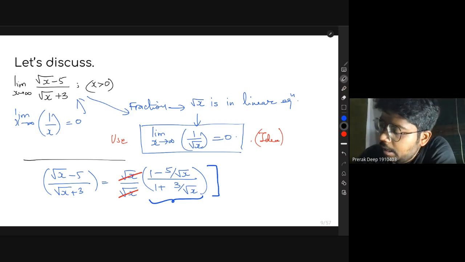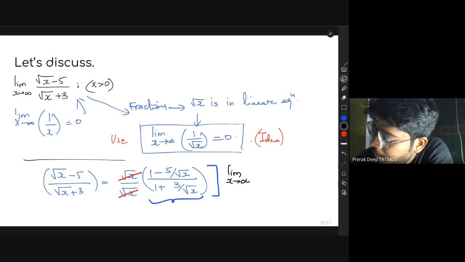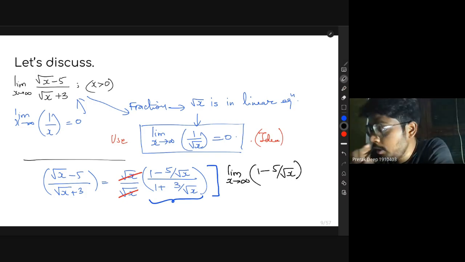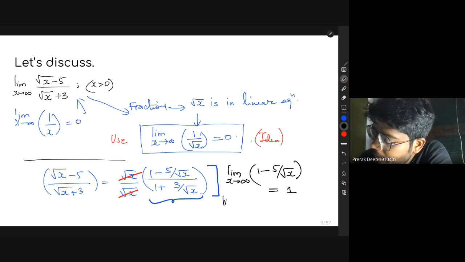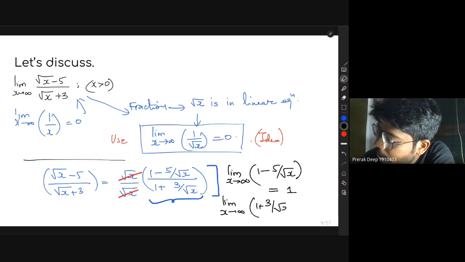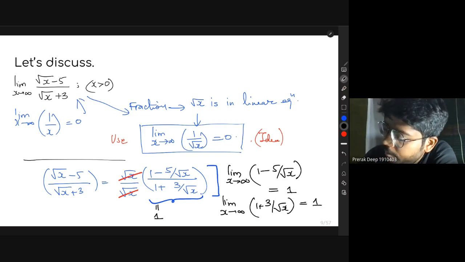So the limit as x tends to infinity of 1 minus 5 over square root of x is going to be 1, because the limit of 1 over square root of x is 0 as x tends to infinity. Similarly, the limit as x tends to infinity of 1 plus 3 over square root of x is again going to be 1. So this whole limit is going to be 1 as x tends to infinity.